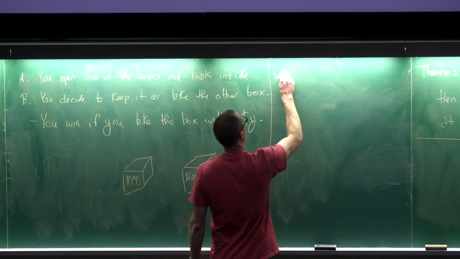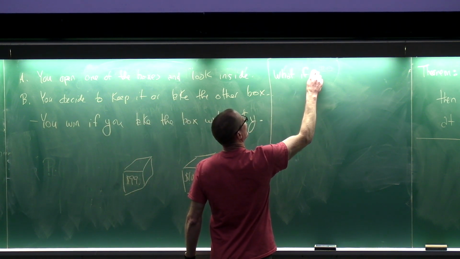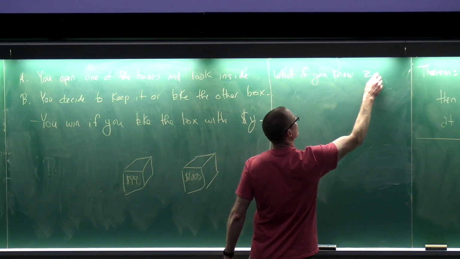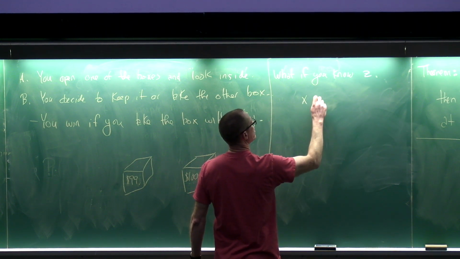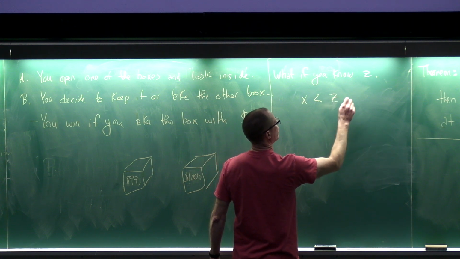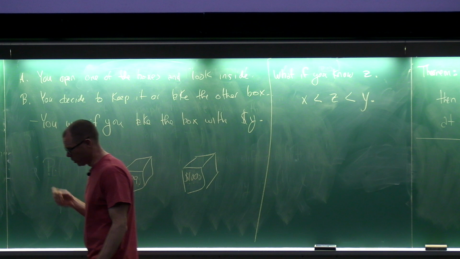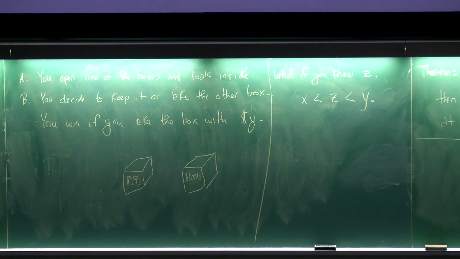But what if you know z, where x is smaller than z and z is smaller than y? What if I told you that? So I pick my x and y, and then I give you also this value z, and say, let's play the game now. What would your strategy be? Yep.